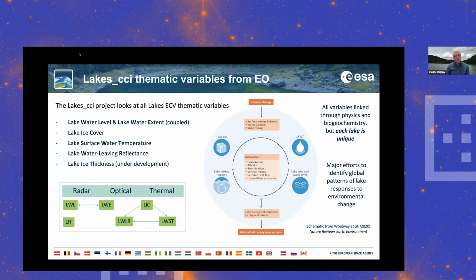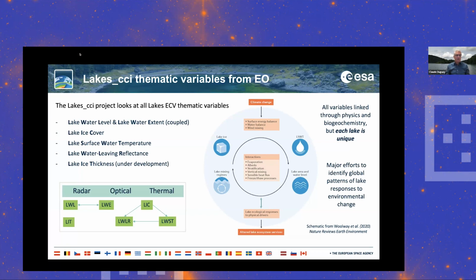And this is pretty well expressed in the importance of all these variables within the diagram on the right, where we look at the impact of climate change and how it affects the surface energy balance, the water balance, wind mixing, and so on. Some of the variables that we're deriving in this project are lake ice cover and ice thickness, lake surface water temperature, the lake mixing regime, and lake area and water levels.